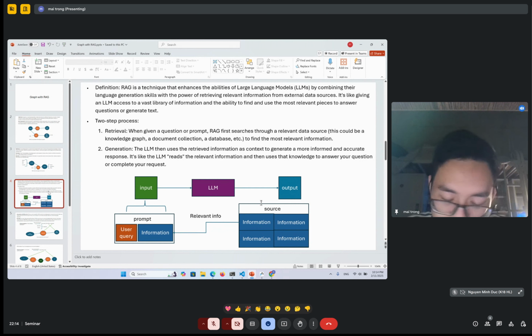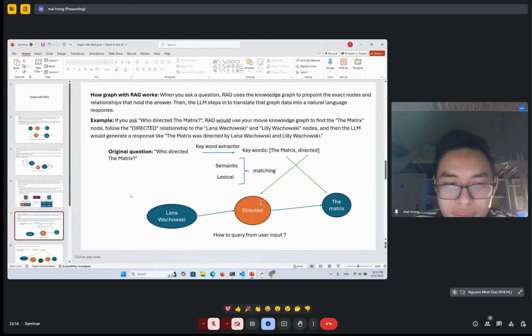So they have a lot of techniques to compare two texts together to find the top K relevant information, then pass it into the input. So it's a traditional way, and a lot of us know it. So what is the graph way?